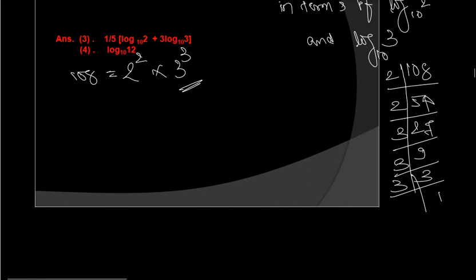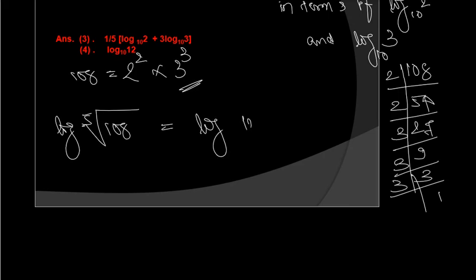Now log of the fifth root of 108. How can I write this in simplest form? Log of 108 to the power 1 by 5. Now what will happen to 1 by 5? 1 by 5 will get multiplied in front of the log.